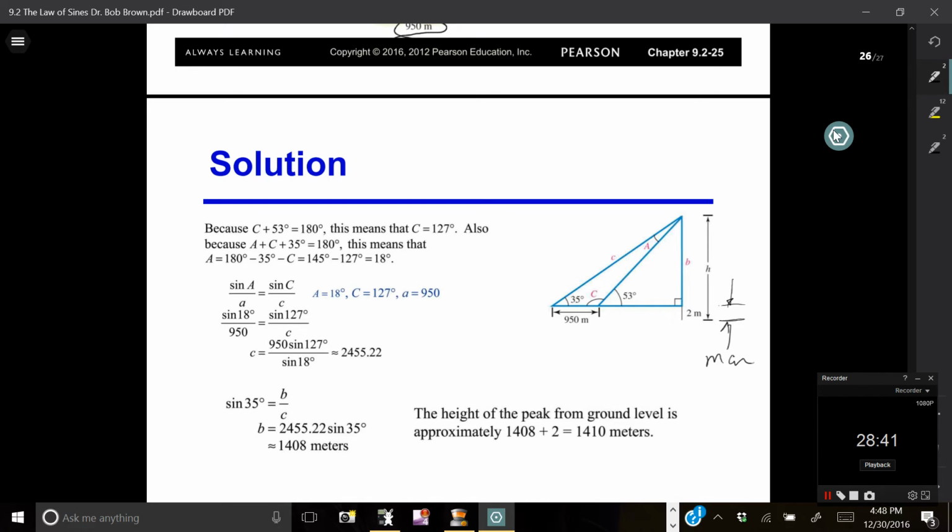And the height of the mountain above his head is going to be called B. And of course, when we finally solve for B, we'll add 2 to that and have the height of the mountain. We label the hypotenuse of the larger triangle C.